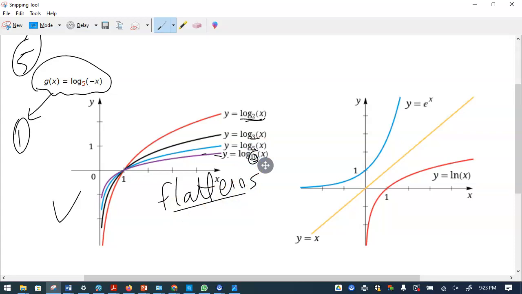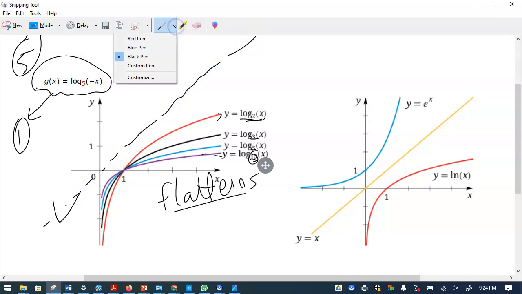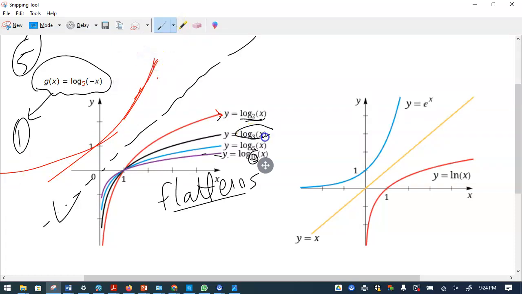That's because of the exponential function. If I try to draw y equals x, and the red one is here, this graph is something like this. Then the black one is the logarithm base 3, so that will be a little steeper. And the blue one will be more steeper, like this.